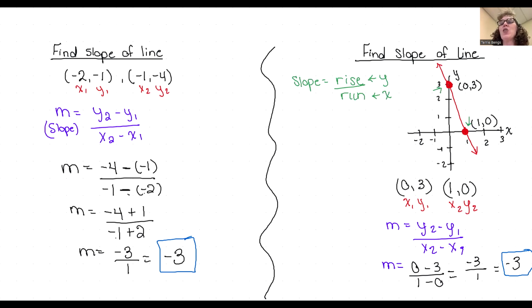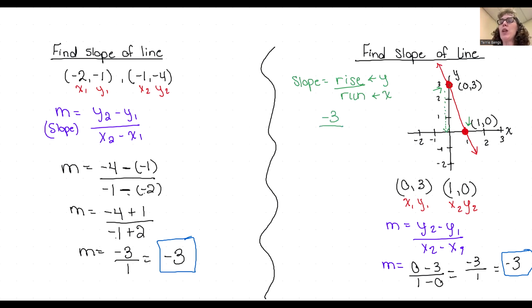All right, so let's look at this. If we're at this point and we want to go all the way down, how many do we go down to get to this point right here where it's out on that line? We go down 3, right? 1, 2, 3. So that's going to be that -3. That's the rise that's going down.